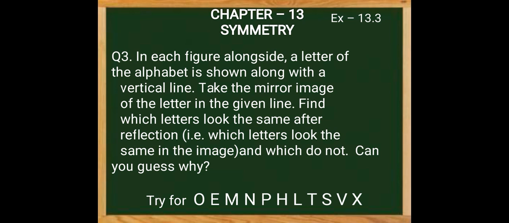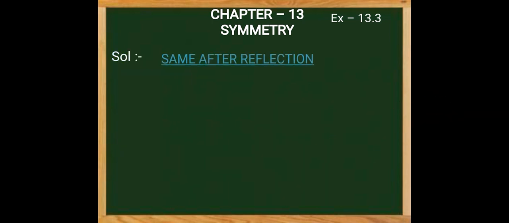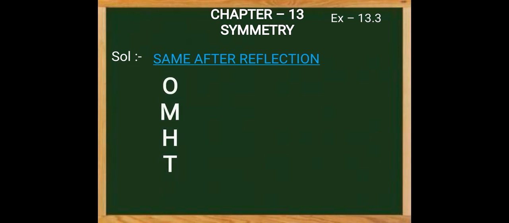So I'll work with the first part of the solution, saying same after reflection. I'm taking these letters O, M, H, T and V, X. Now I'm drawing a vertical line of symmetry, and now I'm going to flip these letters to reflect and see whether they are getting the same in the reflection or whether they are different from what they are originally.